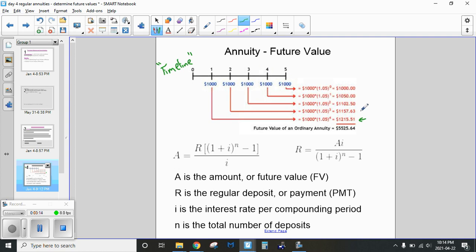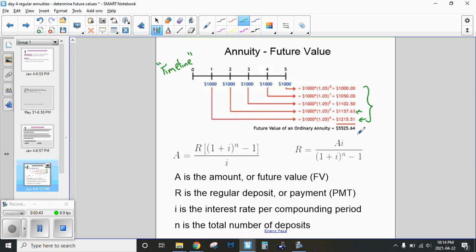So that chunk of money, that deposit, will end up being worth 1,157 after the 5 years in total. We'll do the same in year 3, same in year 4, and then in year 5 we'll deposit the $1,000, but it hasn't had any time to grow, so it's only worth 1,000. Adding all those together, we can find the future value of the whole annuity, and it's $5,525.